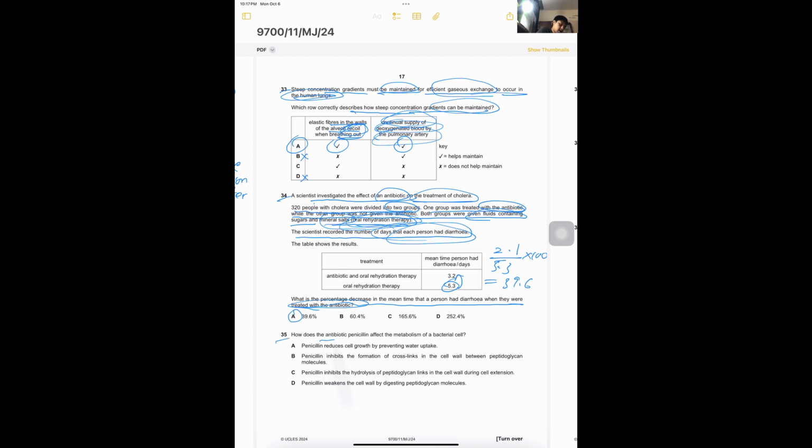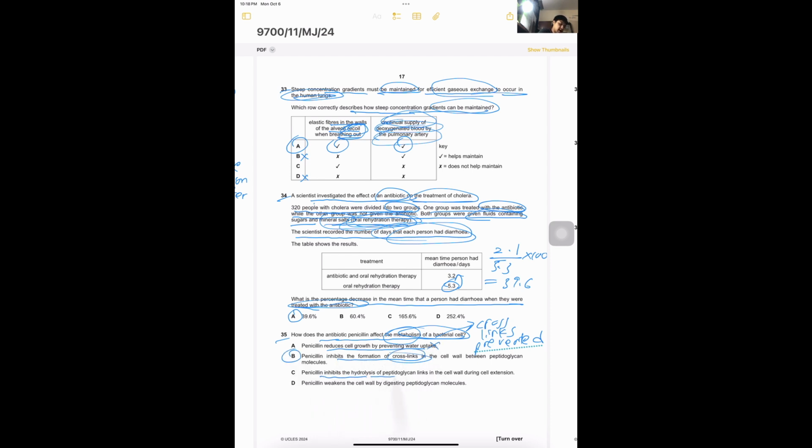How does the antibiotic penicillin affect the metabolism of a bacterial cell? What it does is it prevents crosslinks between the cell walls. Crosslinks prevented, so that would be the answer. Reduces cell growth, but that part is wrong. Inhibits the formation of crosslinks. This should be the answer.